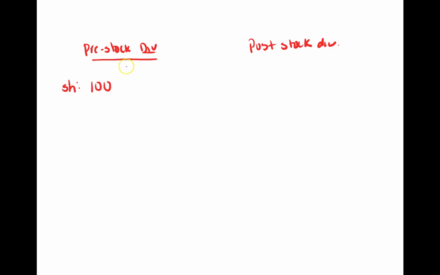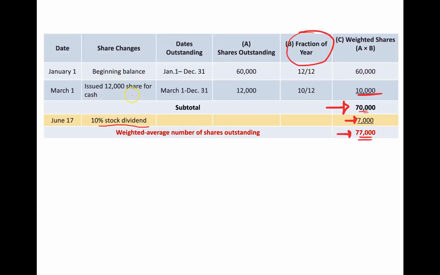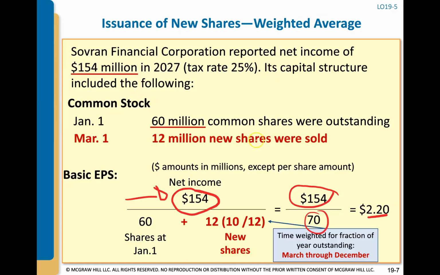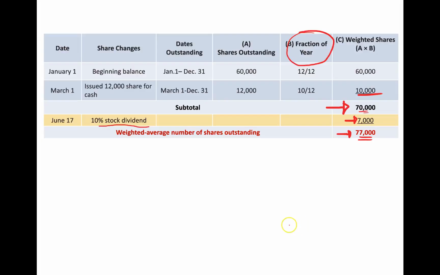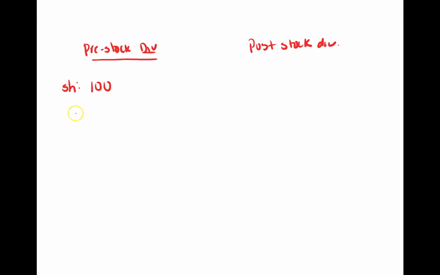Pre-stock dividend, before we had that stock dividend, our earnings per share was $2.20. So our interest in earnings as a shareholder was worth $220.